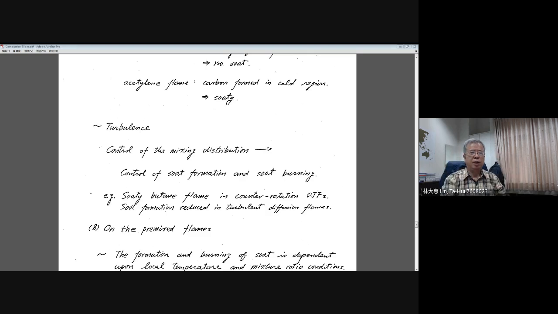This increased residence time will promote soot formation. Then you will see the yellow color when you increase the flow rotation as much as possible.